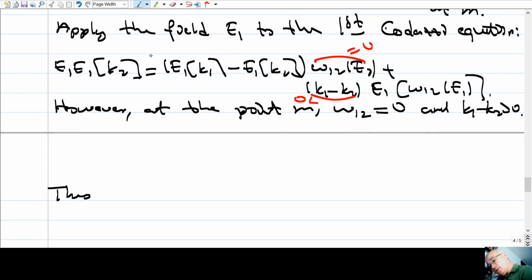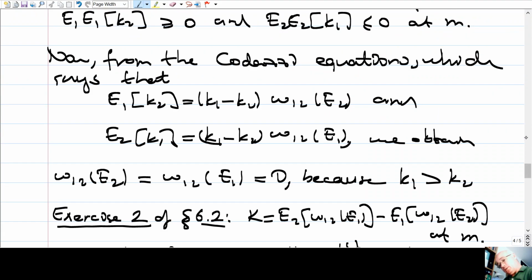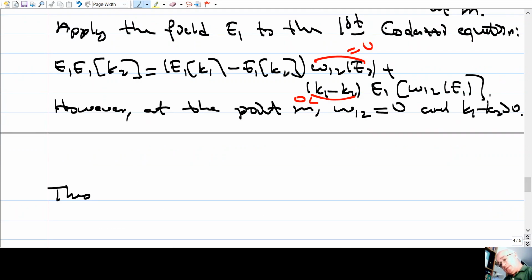Therefore, we see that this thing is a positive number times this gadget. But we know that E1E1 K2 was positive. So this thing is positive. This number is positive. Therefore, this has to be non-negative. Thus, E1 of omega 1 2 of E2 has to be non-negative.